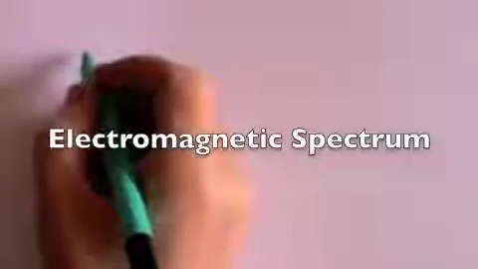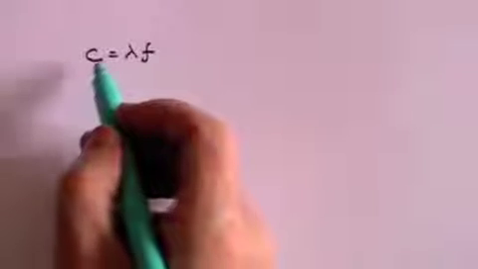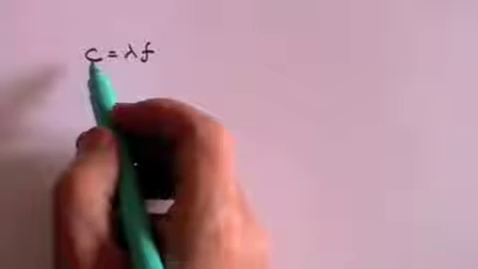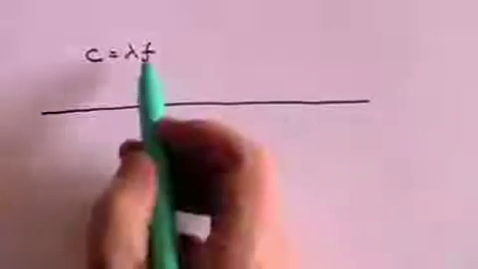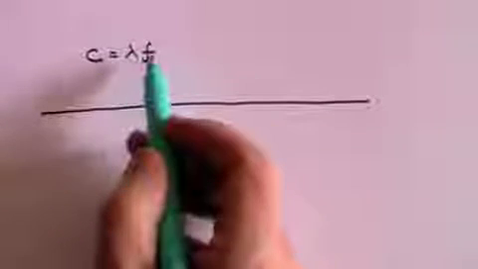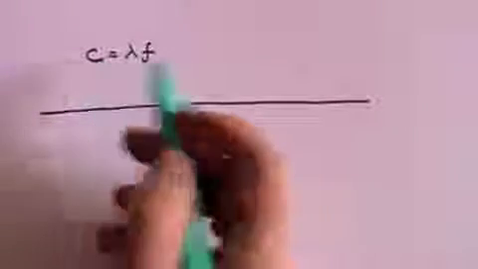We've said that the speed of a wave is equal to its wavelength times its frequency. And for electromagnetic radiation, all waves travel at the speed of light, c. What the electromagnetic spectrum recognises is that you can have different wavelengths and different frequencies, but the wavelength multiplied by the frequency must always equal the constant c.